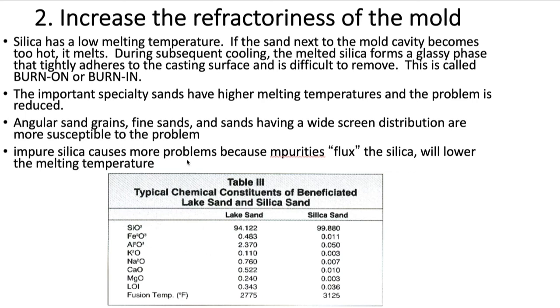Angular sands using a fine distribution are more susceptible, because if they're fine, they tend to heat up more, and they just melt easier because of the little point sticking out instead of being completely spherical in nature. So we talked about the impurities already, so let's go to the next one.